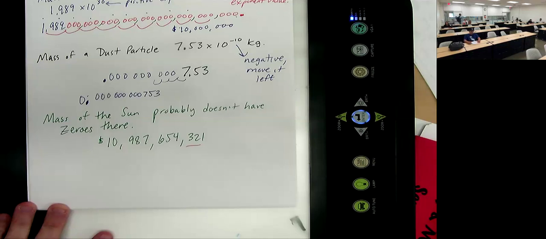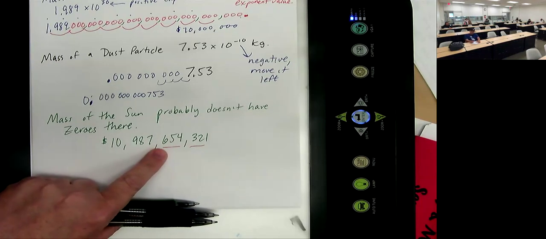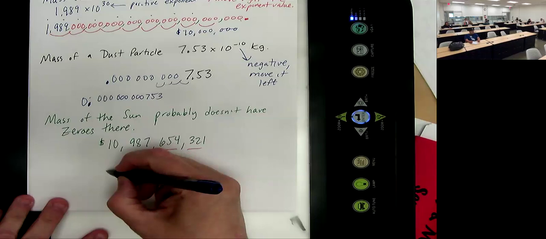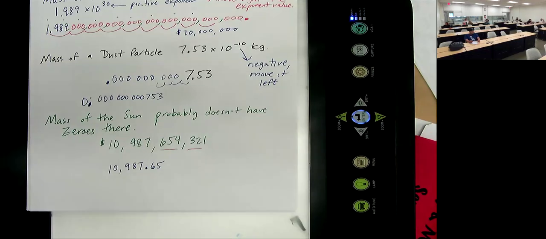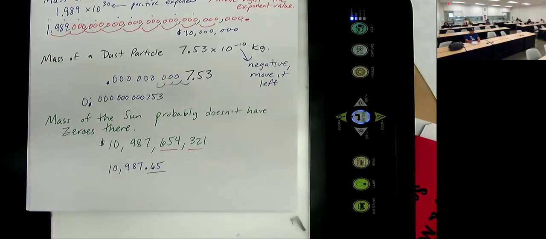You're spending money on the most expensive stuff for no reason. Thousands are even irrelevant to you. Hundreds of thousands are irrelevant to you. And I'll give you an example. If I just wrote this as $10,987.65, do you care about the 65 cents? No, it's meaningless. So the later numbers don't really matter what they are because they're not gonna have an impact in the big picture.